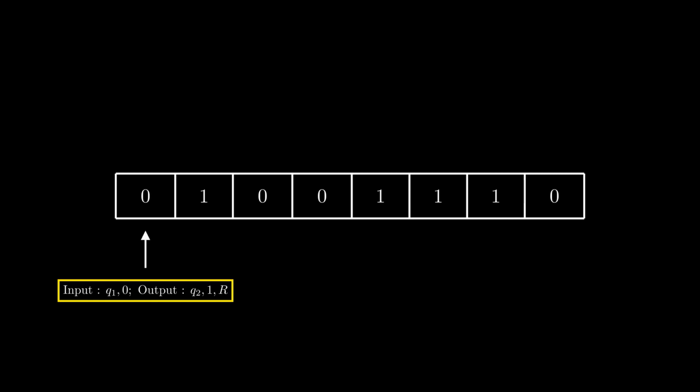For example, in this case q1, 0 are input and q2, 1, r are output. Here we got the r symbol, so the pointer will go to the right entry and write 1 in the current entry.